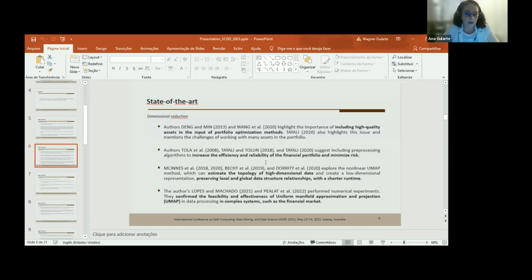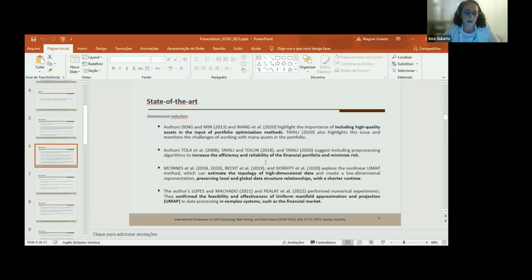Authors Paula, Tayali, and Tolum and Tayali suggest including preprocessing algorithms to increase the efficiency and reliability of the financial portfolio and minimize risk.